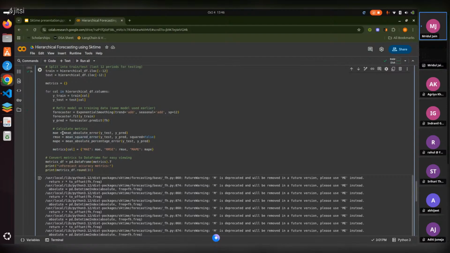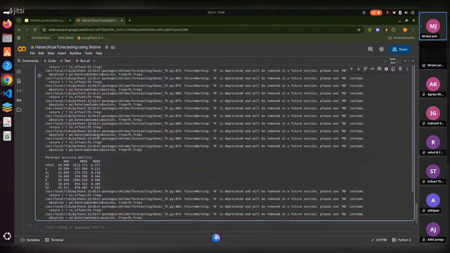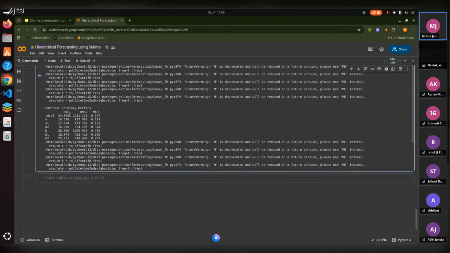So we have all these methods which are defined in the sktime, and simply we need to pass in the arguments, and we can simply store the values in a variable, and then you can simply append it as a dictionary or maybe as a data frame inside the metrics variable. So after printing this metrics variable and rounding the values to 3, we can see the values of MAE, RMSE, MAPE across all the individual data sets.